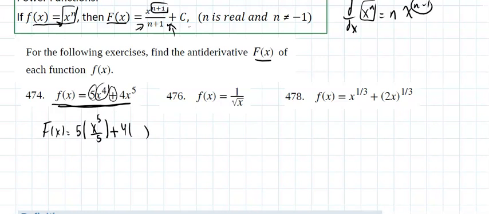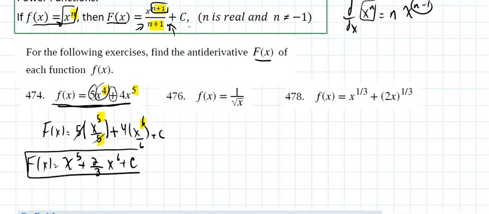That's what the rule says. Take this power, add 1 to it, and divide by it. And here we see it, and here we see it as well. So if I take this x, add 1 to the power, that will be x to the 6 over 6. Don't forget the c for a constant. So you must have taken a derivative of x to the 5th plus, if you reduce the 2 and the 6, that's 2 over 3 x to the 6, plus c.